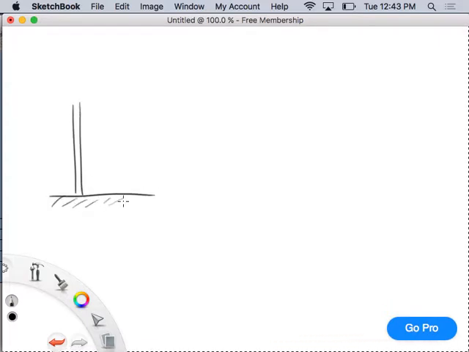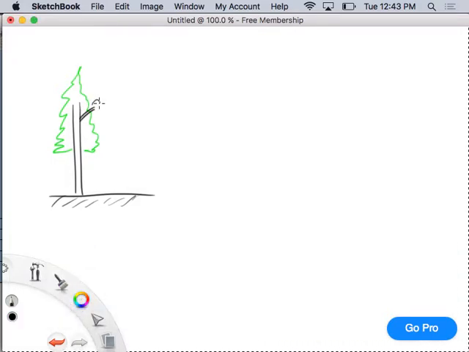So here's the ground. Here's our tree. Little branch here. And here's our squirrel friend. Okay, and he's holding a chestnut.